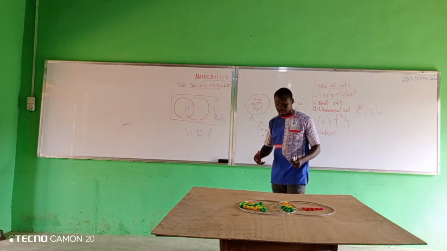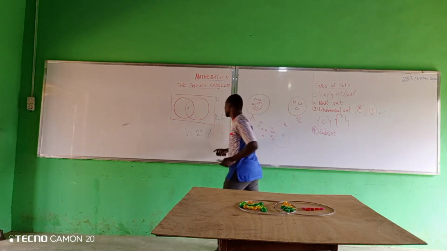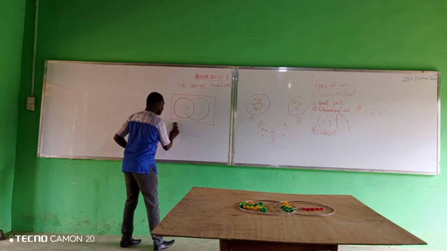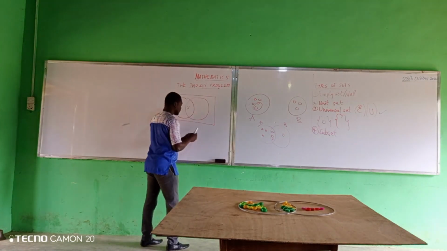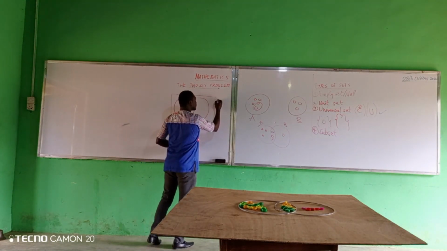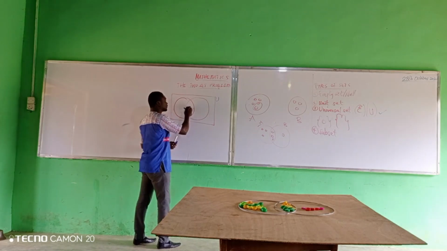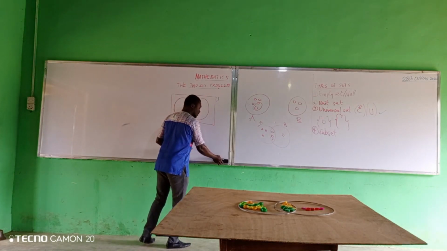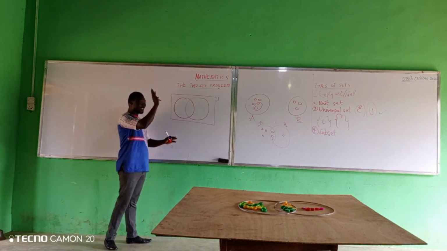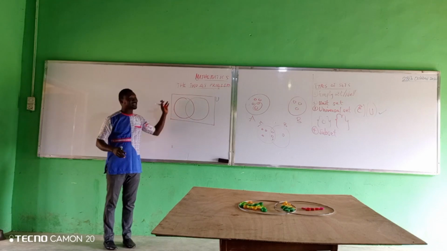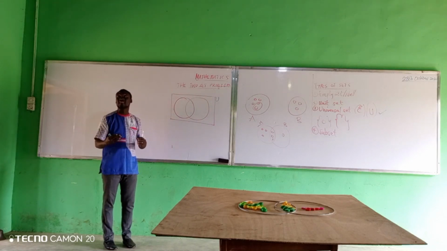So we are going to learn about the regions. Now we have 4 major regions in the 2 intersecting sets, or in the Venn diagram.